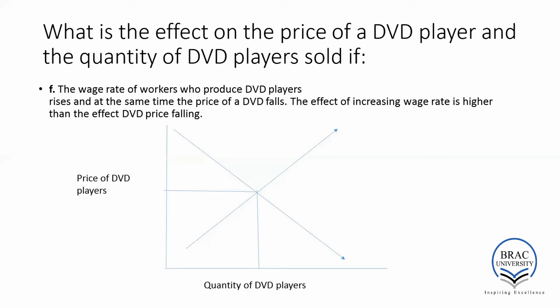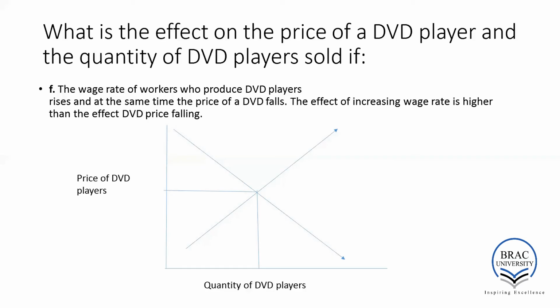Now, what if the wage rate of the workers increases and the price of DVDs falls at the same time? Then we will have a situation where both the demand and supply curves shift at the same time. And we also know that the effect of increasing wage rate is higher than the effect of the DVD price falling.